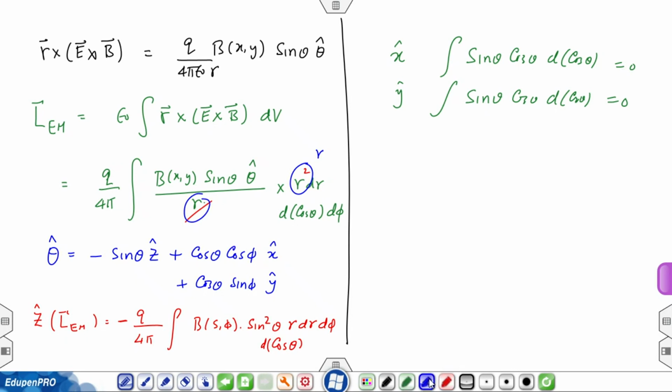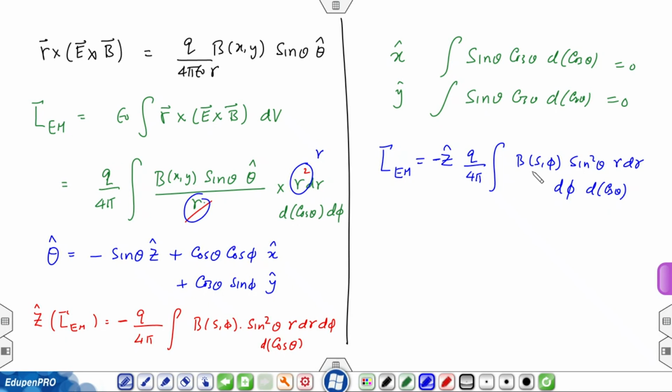So, I have L E m in the z direction with a minus sign in front, q over 4 pi integration B s phi sin square theta r dr d phi d cosine theta.